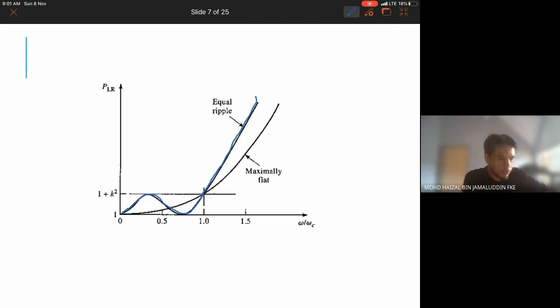So there is a trade-off between whether you want to choose equal ripple or maximally flat in your design. If you want to have a sharp cutoff frequency, okay, then you can use the Chebyshev or equal ripple.